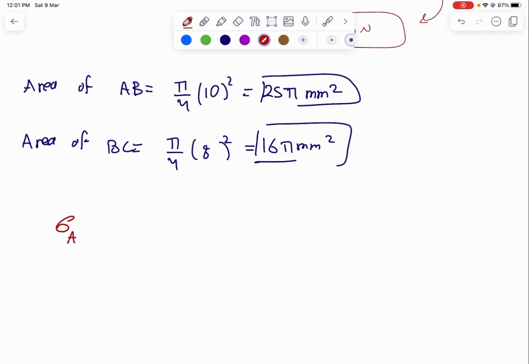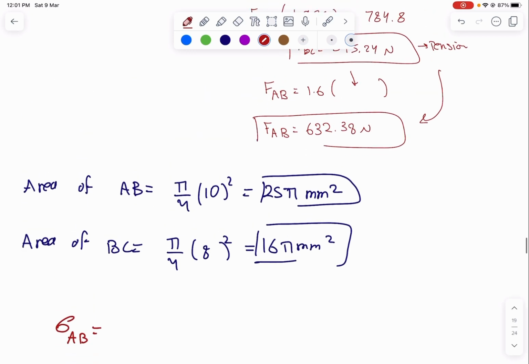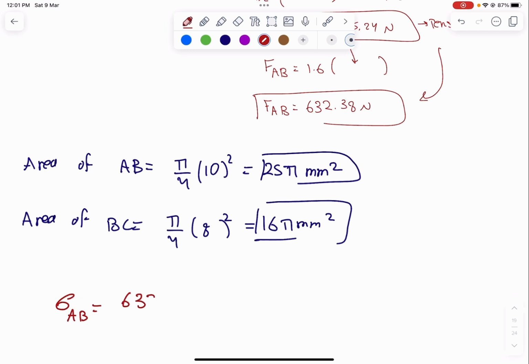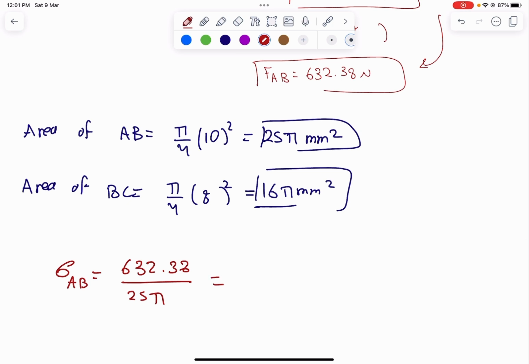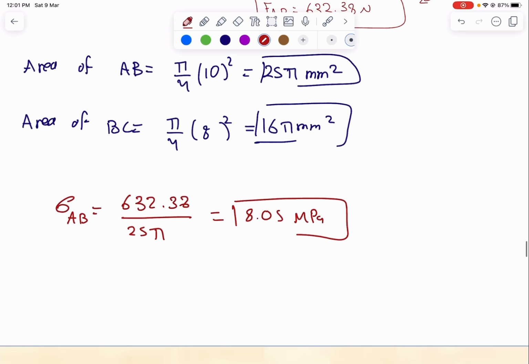So the normal in AB will be the force, which is 632.38, over the area, which is 25 pi. This one will be 8.05 megapascal because this one is in Newton per millimeter.